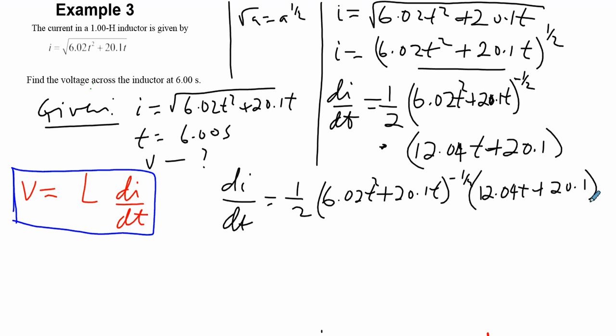This one with power negative half, we can put on the bottom as a square root. At the same time we can multiply a half times 12.04.